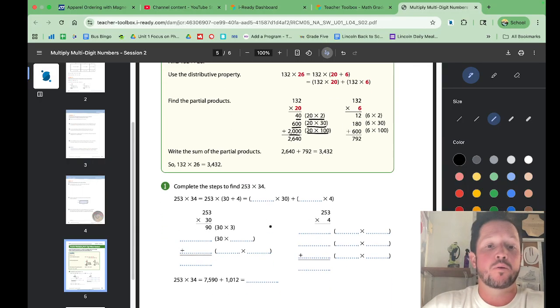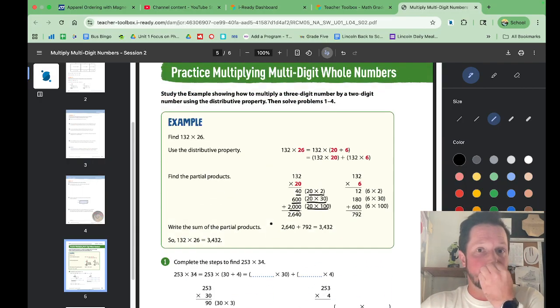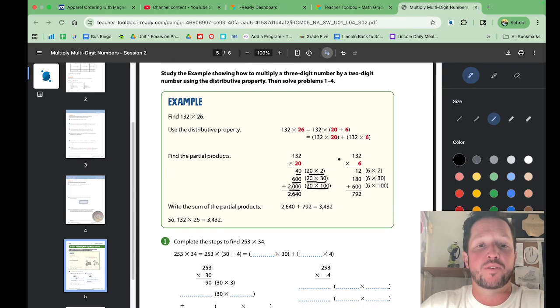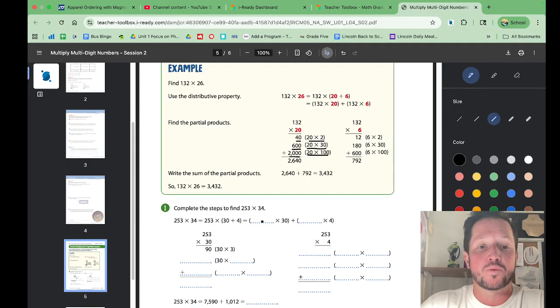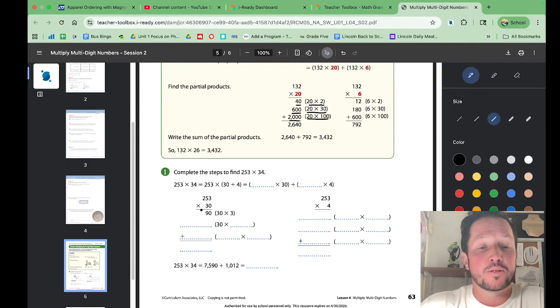So let me show you what it wants you to do down here, because it shows it a little bit here, but it can be kind of confusing moving from the example to the actual fillable part. So this is the equation 253 times 34.